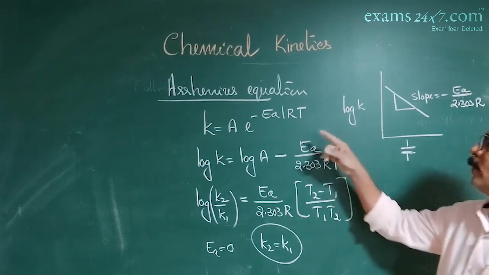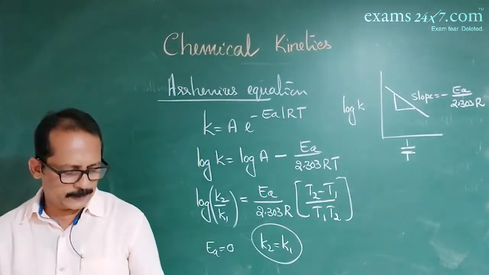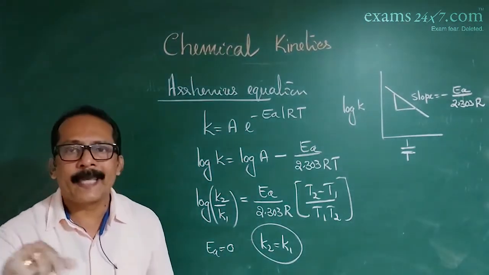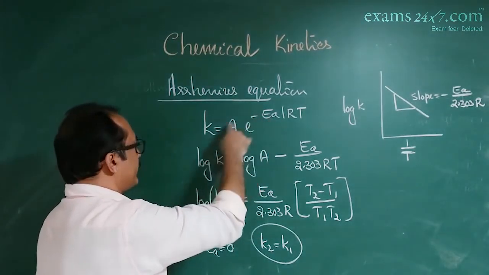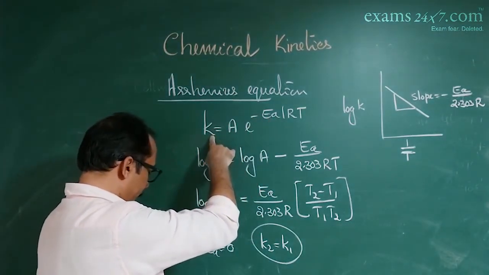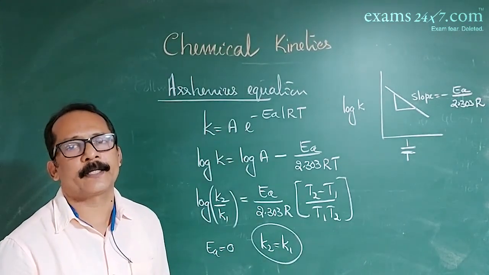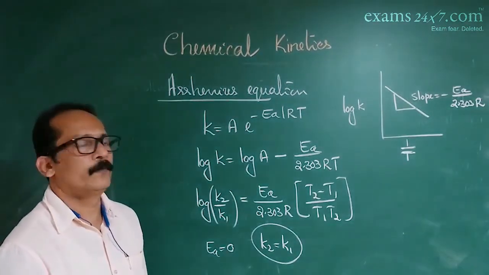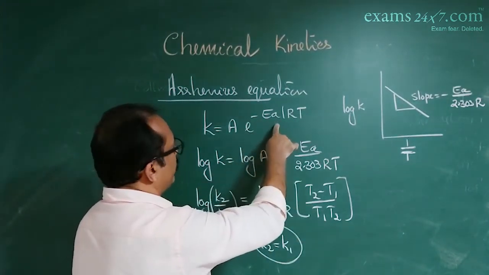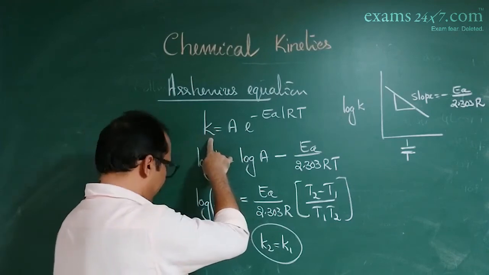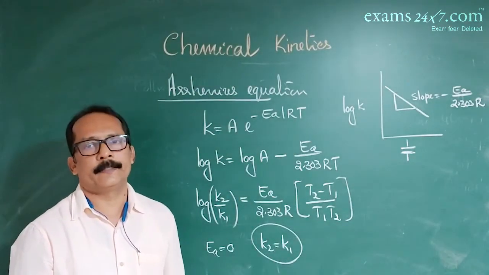As the value of EA increases, K value decreases. When this value increases, K value decreases, and reaction rate also decreases.